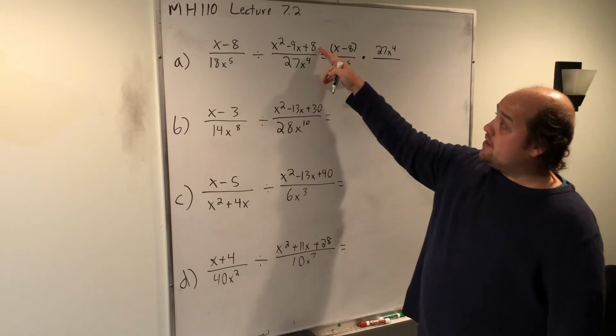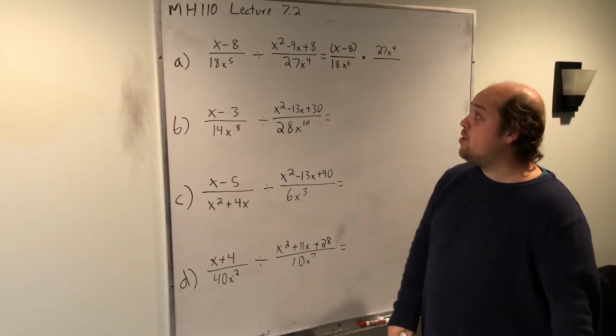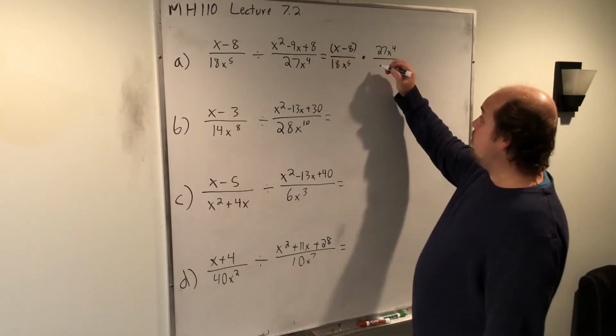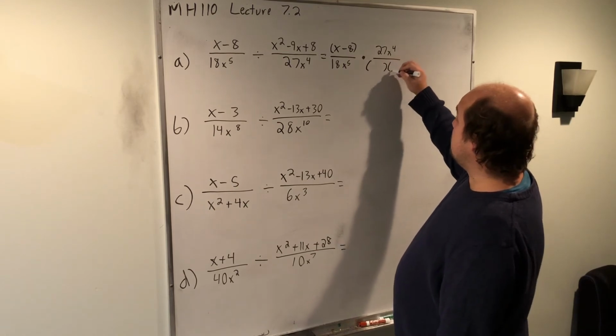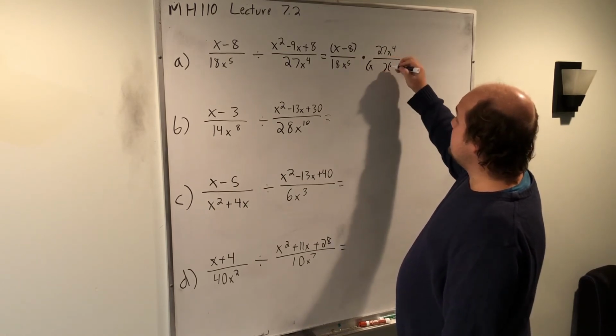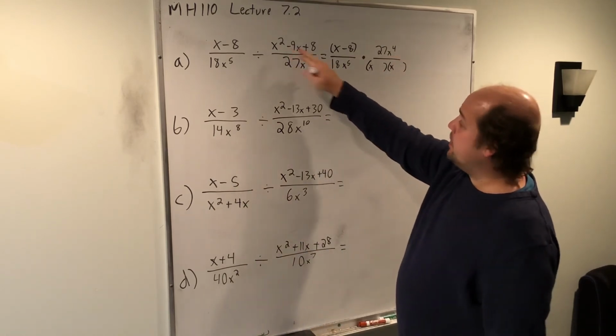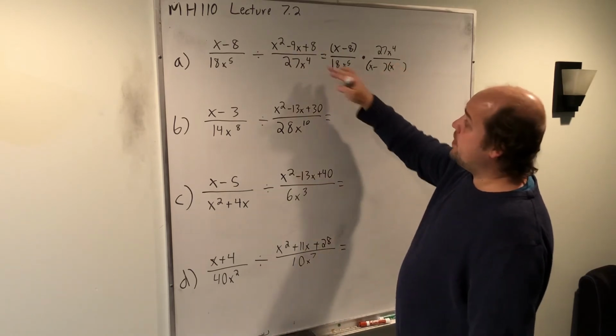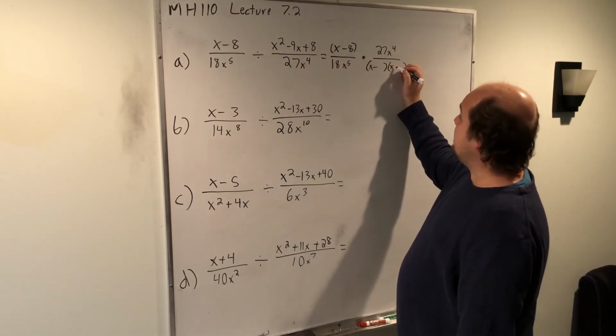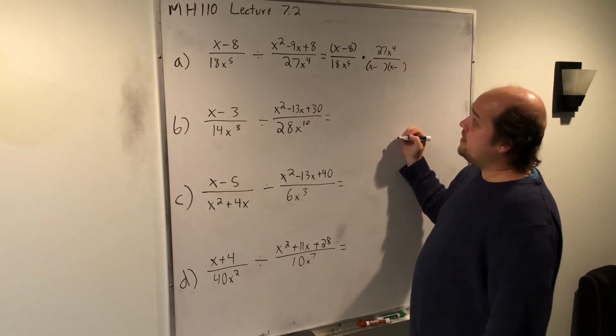Then I'm going to write the factored form of x squared minus 9x plus 8 on bottom. So this will have two parentheses, x and x. I'm going to bring down this negative sign to the first parentheses. That positive sign tells me same, so this will also have a negative sign.